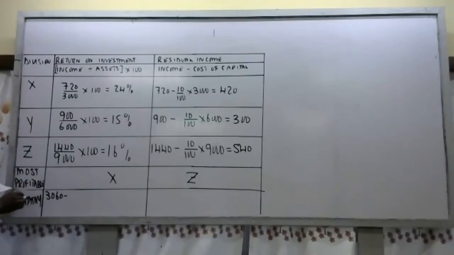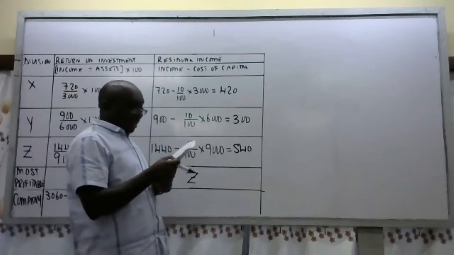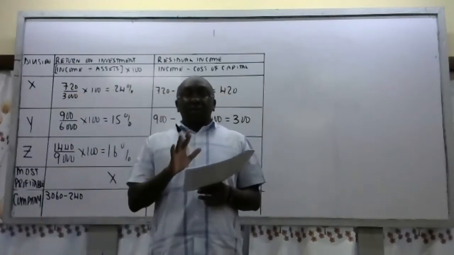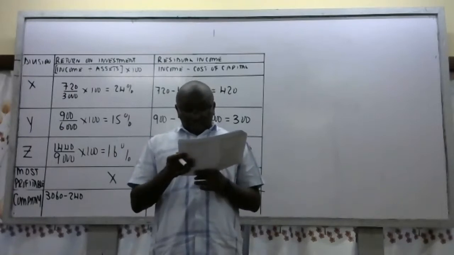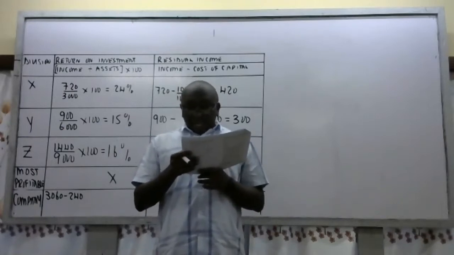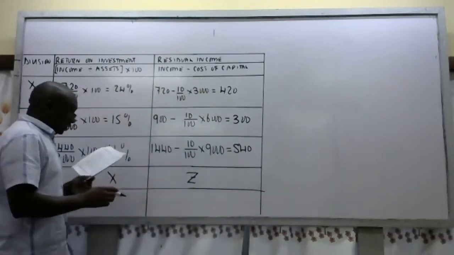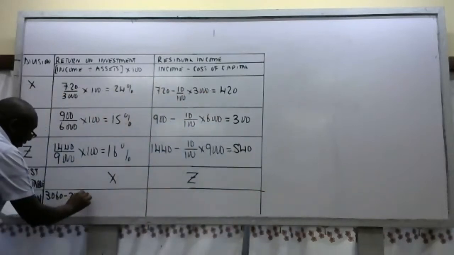You minus 240, minus 240, minus 240, but the interest you don't charge. Remember we said interest should be added back. So that one we will not charge. Then you less the 360, which is the fixed cost.